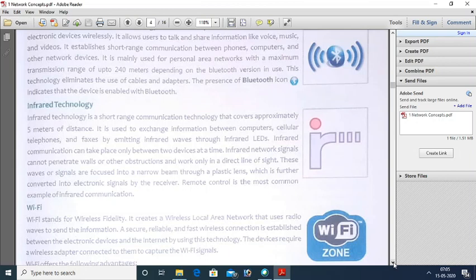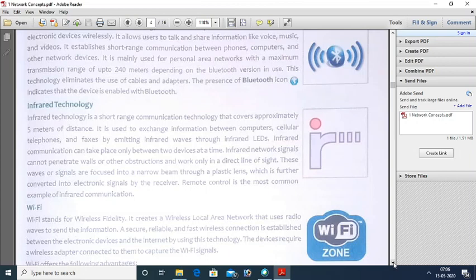Infrared communication can take place only between two devices at a time. Infrared between network computers: the signal cannot pass through walls or obstructions and works only in a direct line of sight.